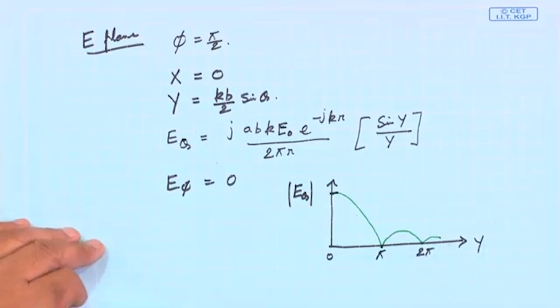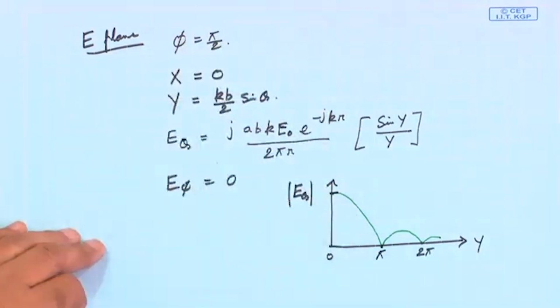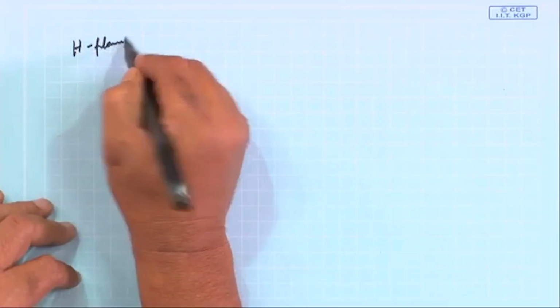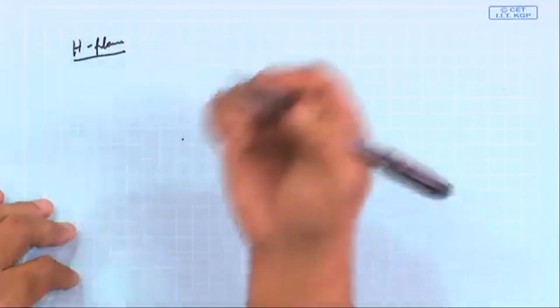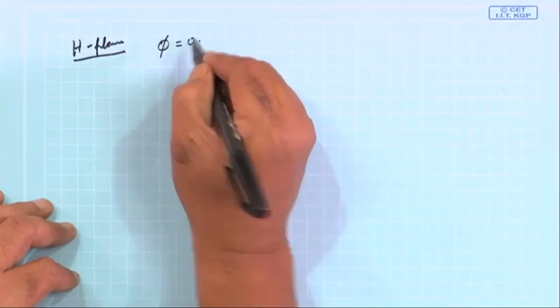I will just draw the H plane pattern, and then we will analyze the various beam widths that we will have to find from here. So this is the E plane. Now let me see the H plane pattern. The H plane is the other principal plane, that means phi is equal to 0.